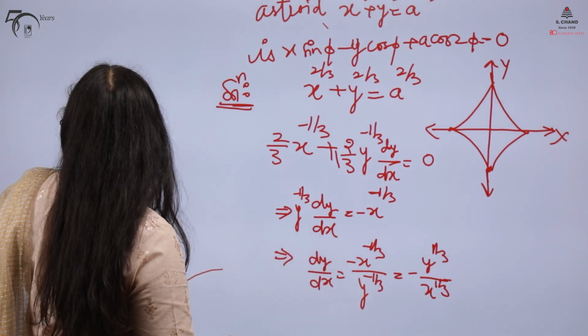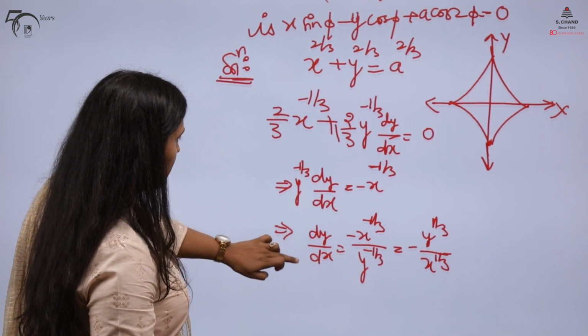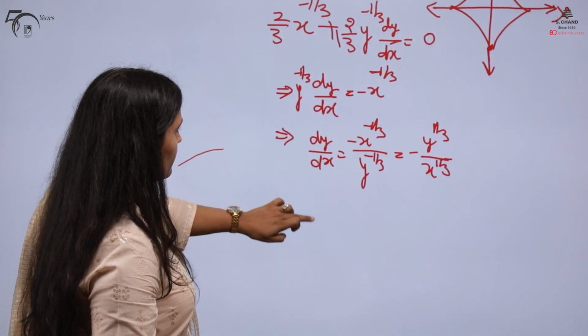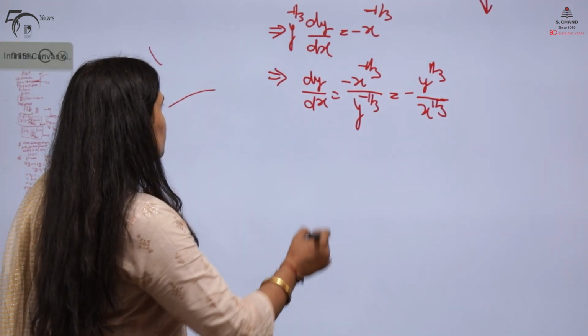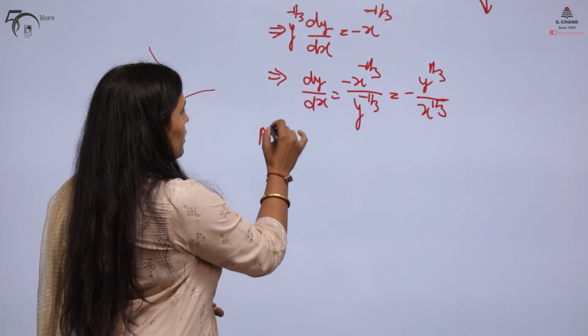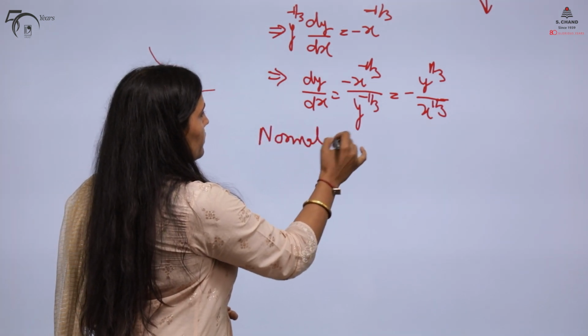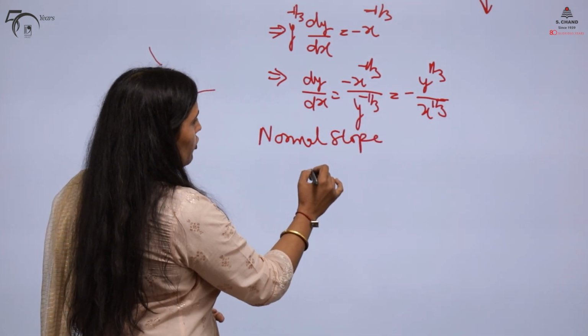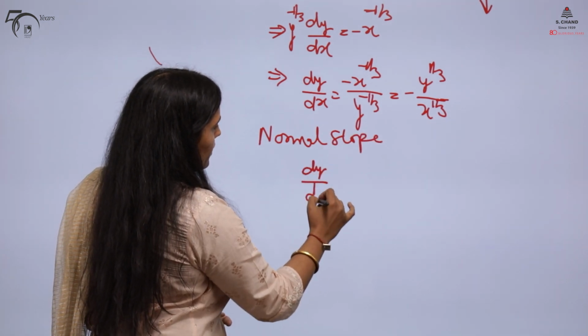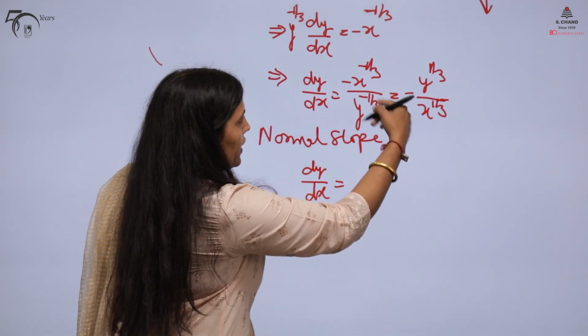Now, the derivative we have already got. This is the derivative, it means this is the slope of the tangent. For the normal, what will you do? For the normal slope, just take the negative sign and reverse it. So, the normal slope will be dy by dx with the negative sign and reversed.